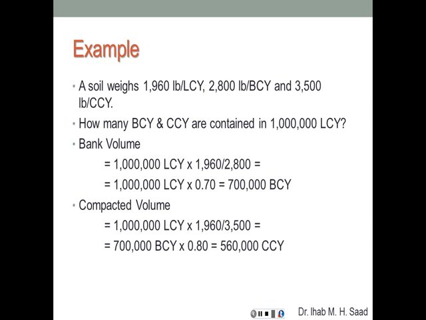To get the compacted volume, we notice that it's going to be even much less than that, which is going to be 560,000 compacted cubic yards. That shows you the amount of compaction that this soil is going to go through. So that tells you how much more soil we need to bring from out of that site just to compact, to fill the holes that resulted from the excavation.